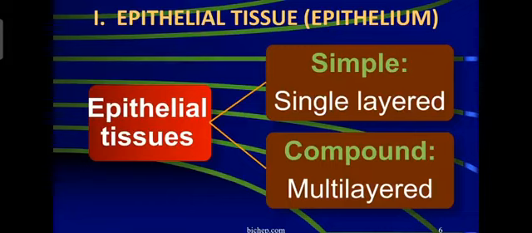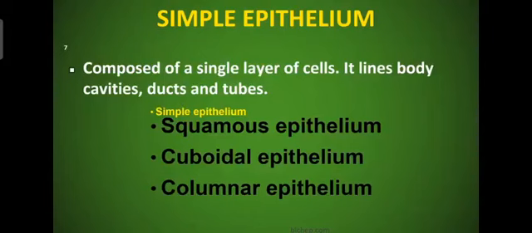There are 2 types of epithelial tissues, simple epithelium and compound epithelium. Simple means it is single layered, compound means it is multi-layered. Simple epithelium is composed of a single layer of cells, and where it is present, it lines body cavities or any ducts or tubes in our body.